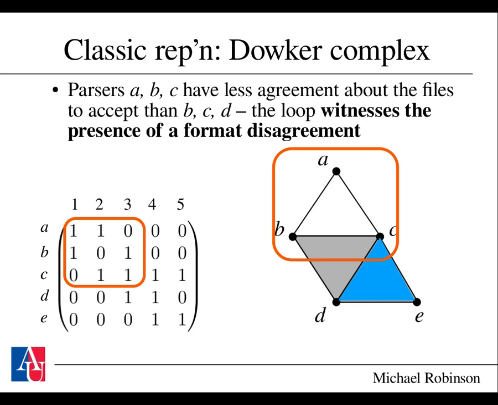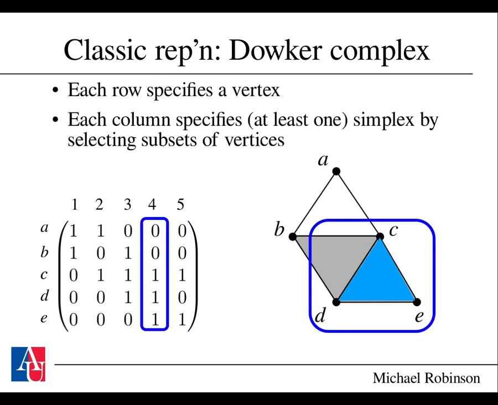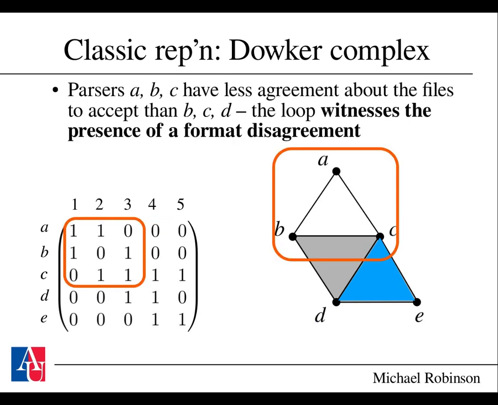You might not get filled-in triangles because you may not see three ones in every row for a given set. So for instance here, A, B, and C, there are no columns that have three ones in them. So this is a difference between this situation here. This is filled in, this is not.